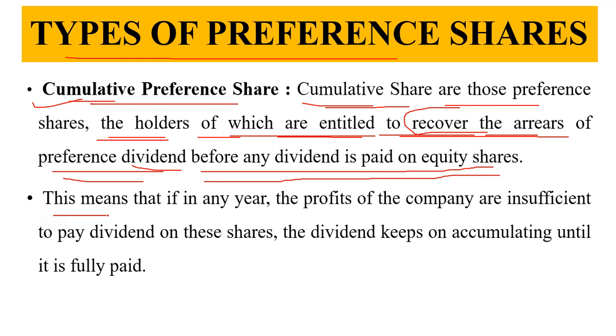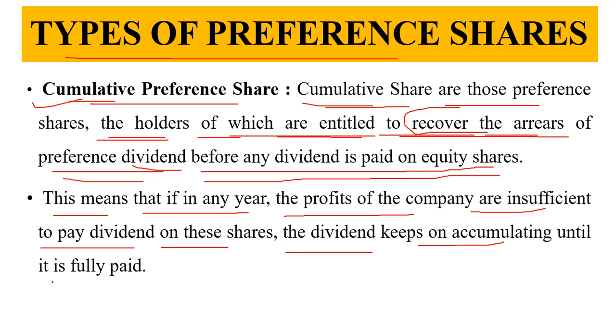So this means that if in any year the profit of the company is insufficient to pay the dividend on these shares, the dividend keeps on accumulating until it is fully paid. Suppose in a particular year the profit of the company is not sufficient to pay the dividend to the preference shareholders.